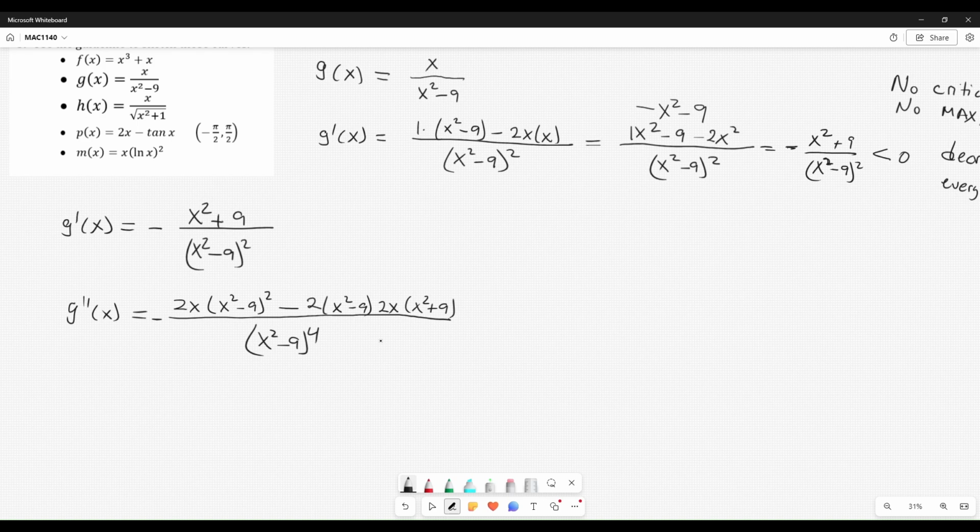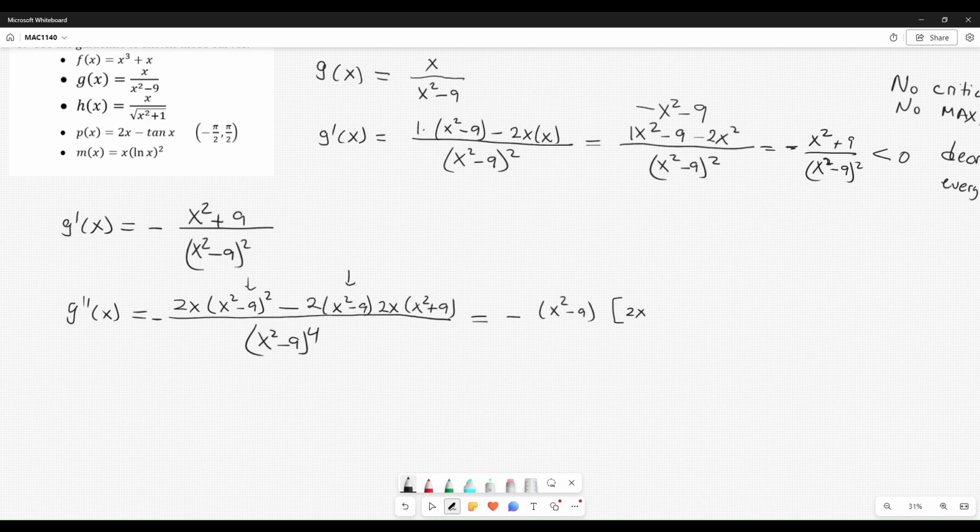Okay, let me apply the algebra on my paper. I want to copy the final answer. The final answer is minus x squared minus 9. We have a common factor here and here, so I factor out 2x.